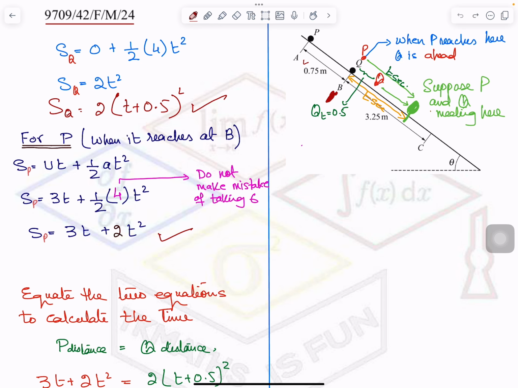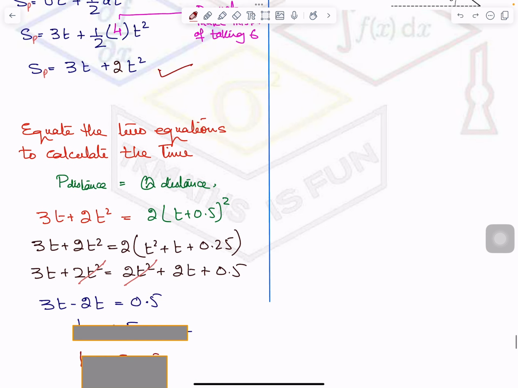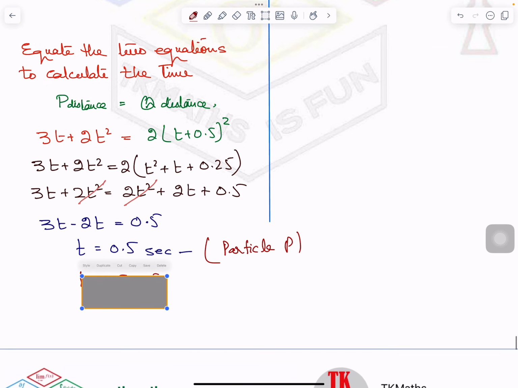So when you get T in the equation, it is actually representing particle P. So for particle Q you will add 0.5 to it. Agreed? So particle Q took 1 second to come from B to the collision point, and particle P took 0.5 seconds to come from B to the collision point.